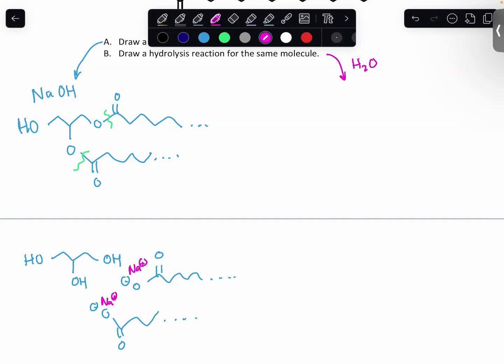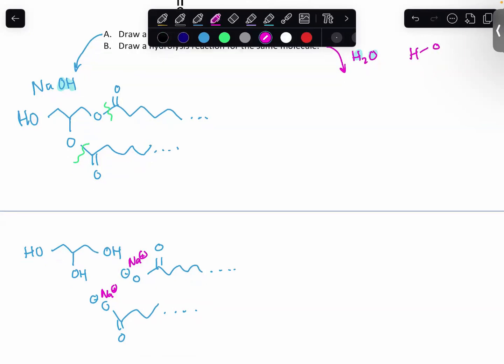H. So we have OH in both. Maybe this is better if I draw it like this. What's the difference? Hydrogen. So instead of having the salts, we'll be able to complete the carboxylic acid. Instead of a carboxylate, we'll have a carboxylic acid.